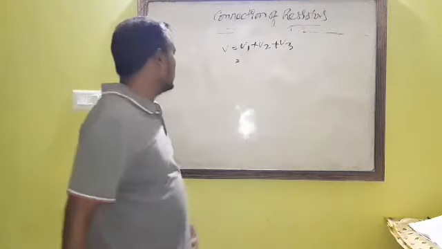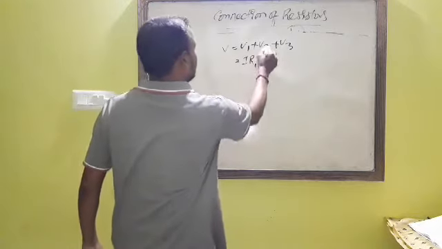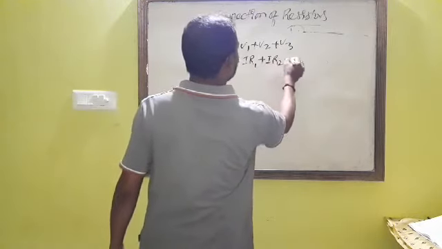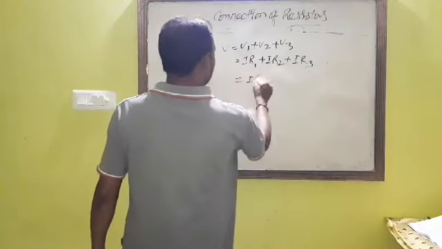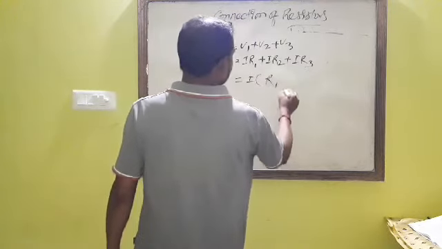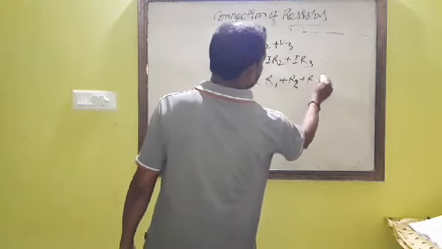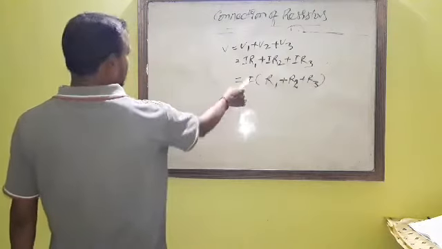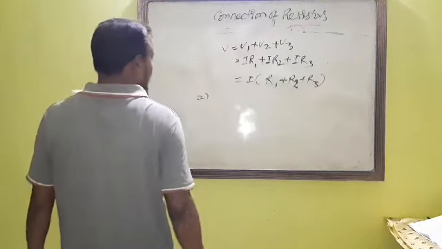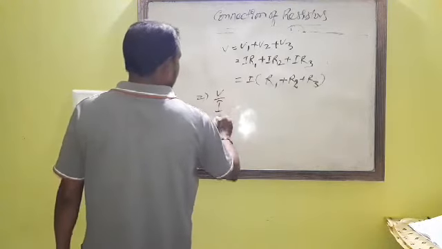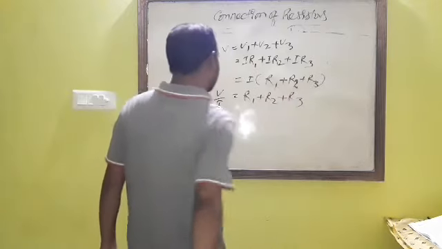If you apply Ohm's law, V1 is IR1, V2 equal to IR2 and V3 equal to IR3. You can take I as common. Now in the bracket it will be R1 plus R2 plus R3. So I is multiplied here. If you want to bring it to the left hand side, it will divide V. So V over I is equal to R1 plus R2 plus R3.